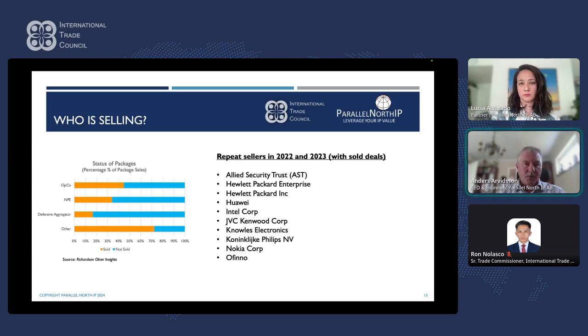You can see that one of the major sellers is actually a defensive aggregator called AST, Allied Security Trust. And then you have operating companies like HPE, you have Huawei, Intel, GVC, Knowles, and Philips, Nokia. And then you have Ofino, that is a non-practicing entity that develops their own IP, but they have chosen to sell instead of licensing.